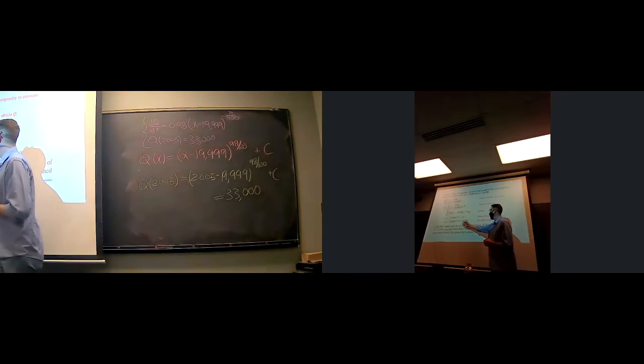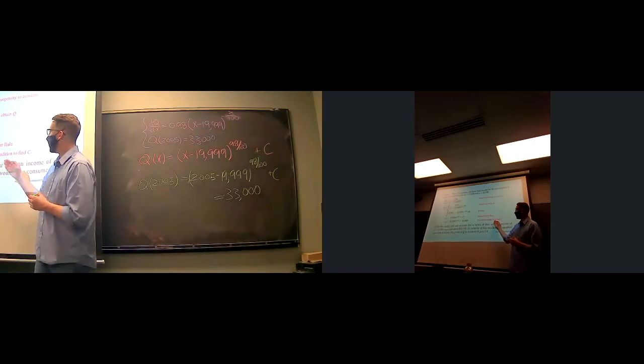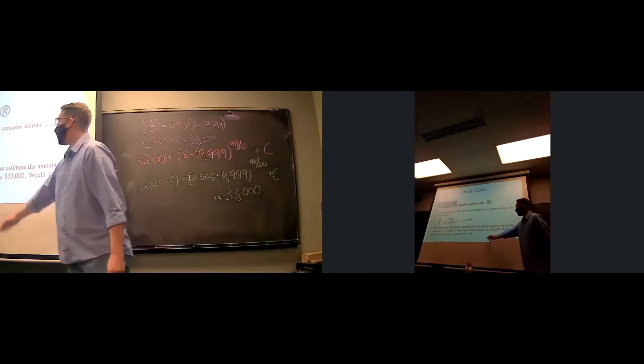Using this data, we can now solve for c and get the exact form. That's what they've done here. And then from there, they went back to the original question and asked, would the family have saved more than $30,000? Consumed more, I mean to say.